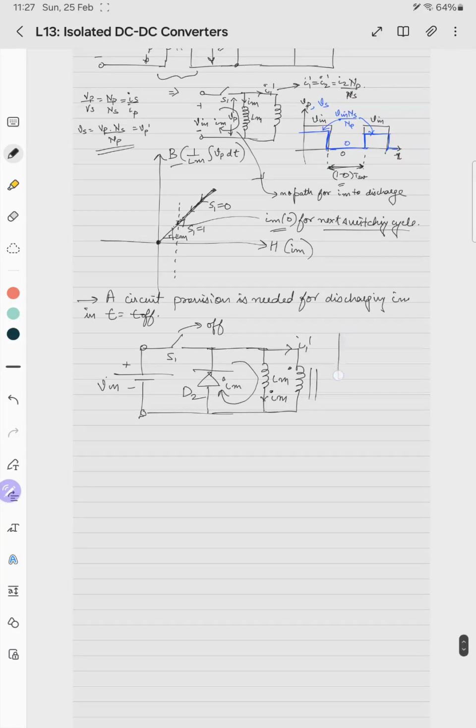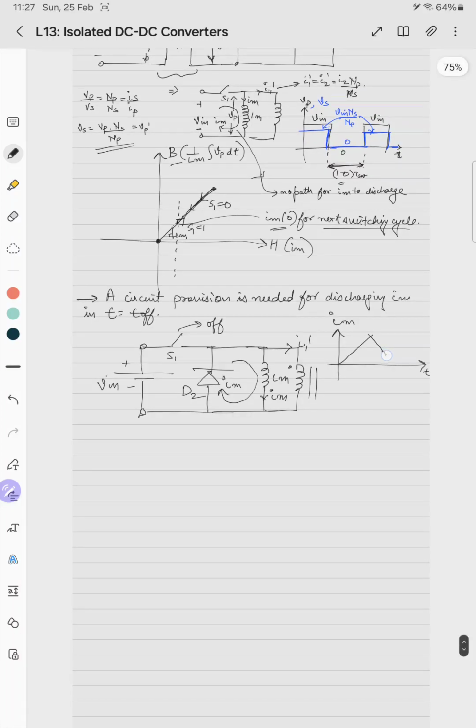So if we plot only the current Im, it will be like this. When the switch is on, the current Im will rise. When the switch is off, the current Im falls. It falls down.